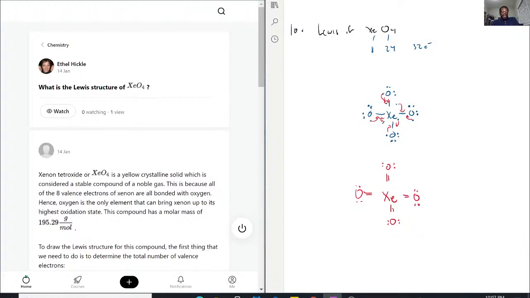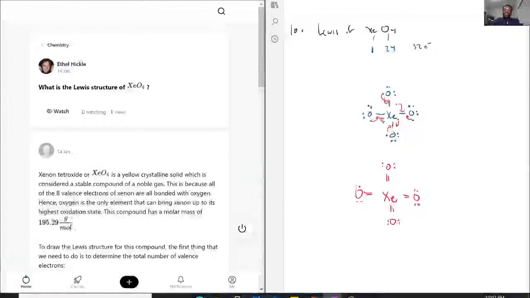Now let's see if we actually have the right amount of electrons. We want 32 electrons. We have in total 8 bonds, because that's 4 double bonds: 2, 4, 6, 8. 8 bonds and 8 lone pairs. Double everything, and you end up indeed with 32. So that is correct.